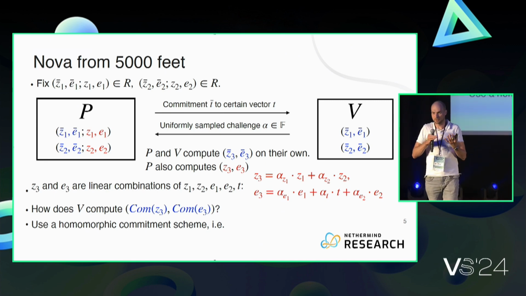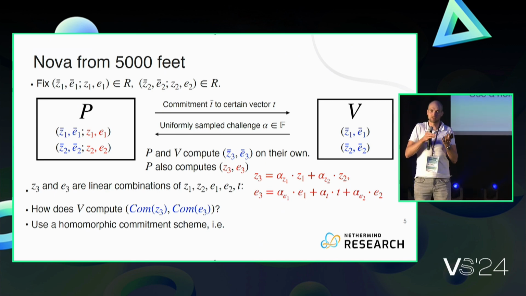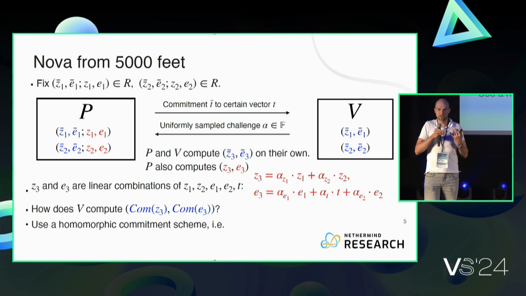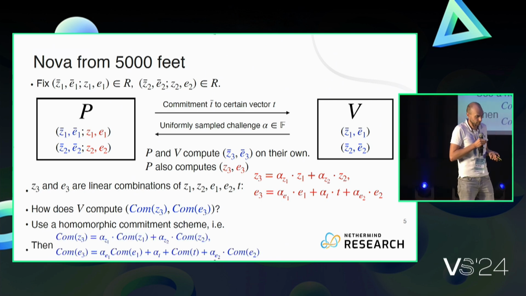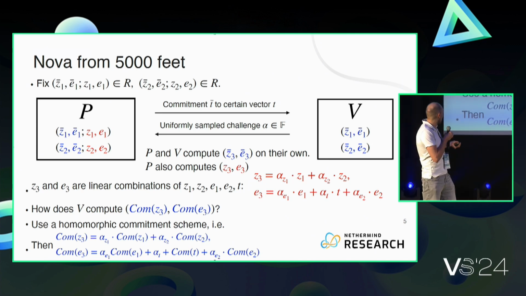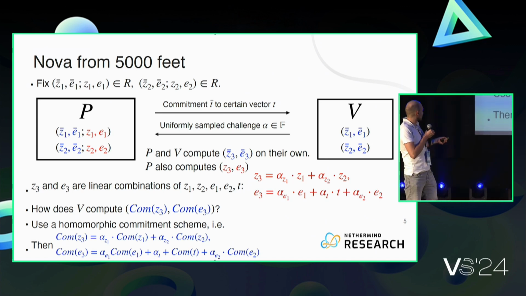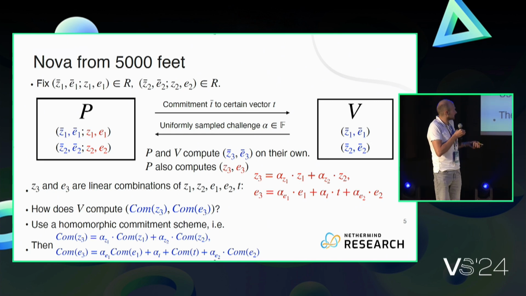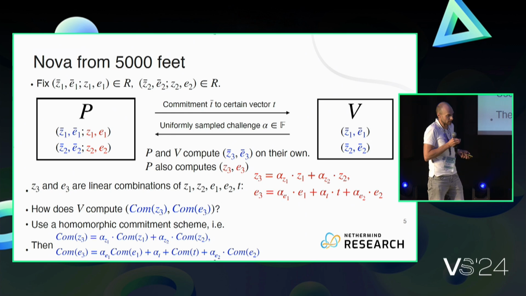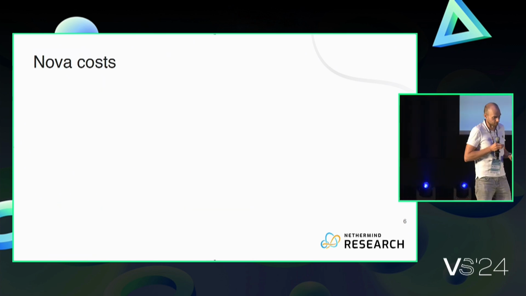Homomorphic means that if I have a commitment to some value A and a commitment to a value B, then when I add these commitments, I have a commitment to the value A plus B. Similarly, we can use the coefficients alpha Z1, alpha Z2, etc., and the commitments to Z1, Z2, E1, T, E2 that I know, to compute the commitments to Z3 and E3.